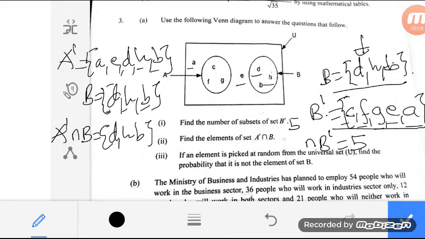Now let's go to the hard part. If an element is picked at random from the universal set U, find the probability that it is not an element of set B. That is the probability of B complement.